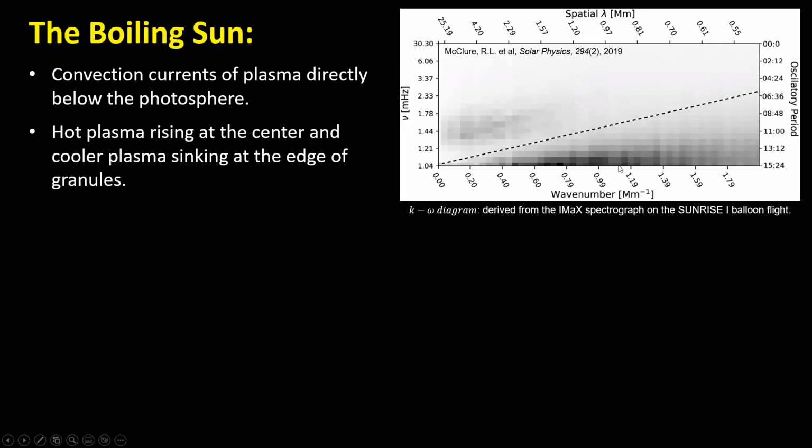Here we have a relatively slow-moving granulation. And on top, we have the modal oscillations, which we call the P modes, the pressure modes.